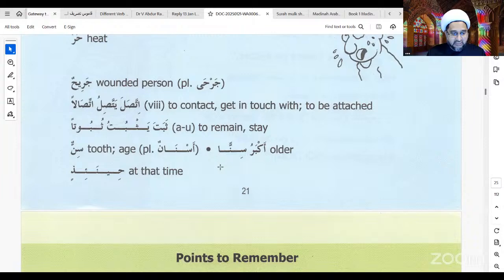Istafa yastafi. Whenever after a swad, you're going to make this baba iftial ifta'ala yafta'ilu, the ta will not be used, the twa will be used instead.